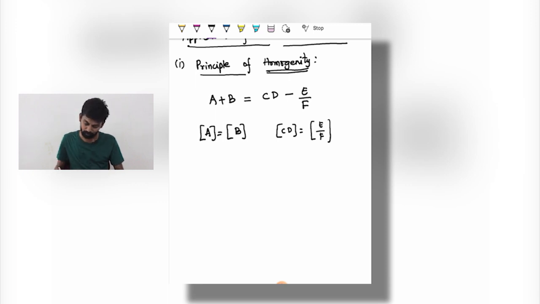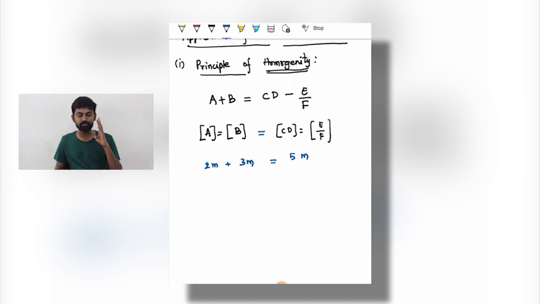If I add 2 meter and 3 meter, then the answer is going to be 5 meter. That means on both sides of the equality symbol also we are getting the same unit. So 2 meter plus 3 meter will be equal to 5 meter.